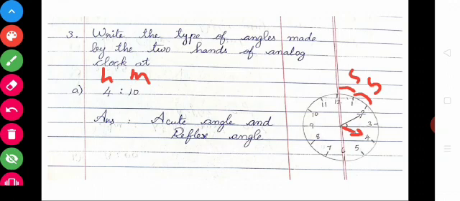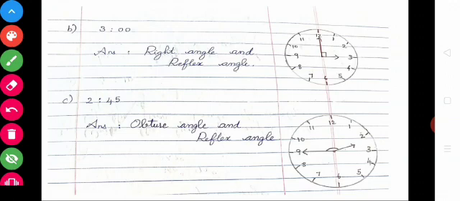So draw the long hand at 2. So what is the time? 4 hours 10 minutes. See that angle? It is an acute angle. Yes. And then this side, it is a reflex angle. So what is the answer? Acute angle and reflex angle. See the next one. 3 hours.